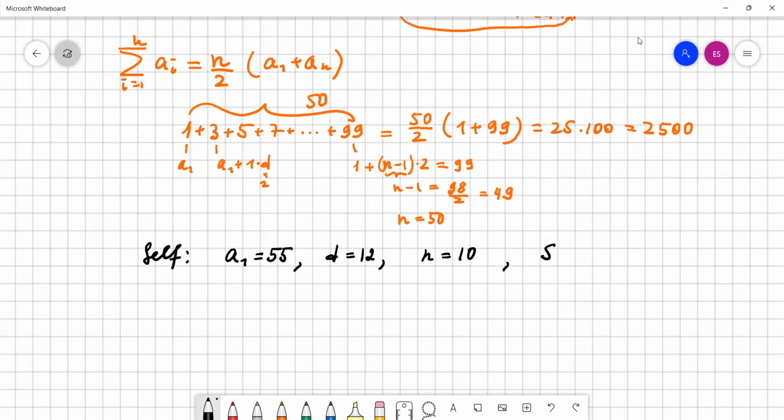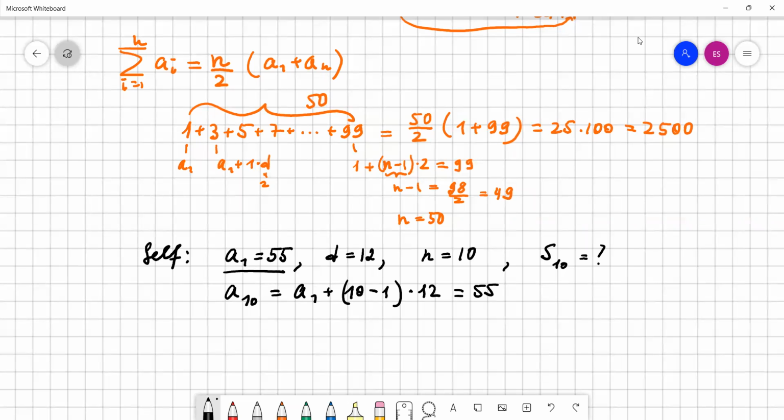The question is, what is the sum of 10 terms? According to the formula, we will need to know the first term, which we already know. We'll need to know term 10. According to the formula, it's a1 plus 10 minus 1 multiplied by d. d is 12.